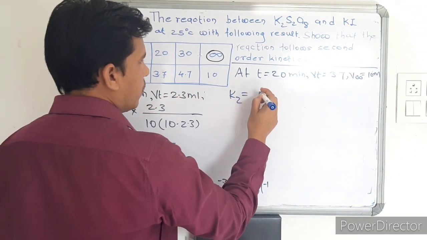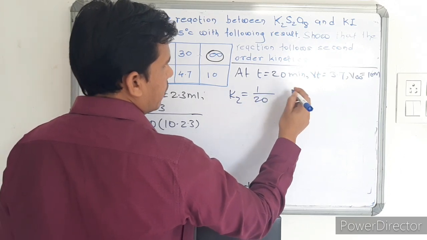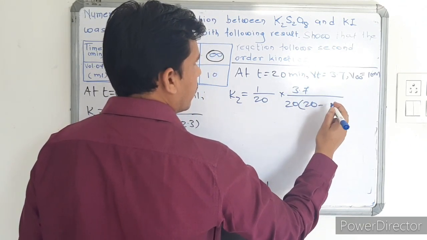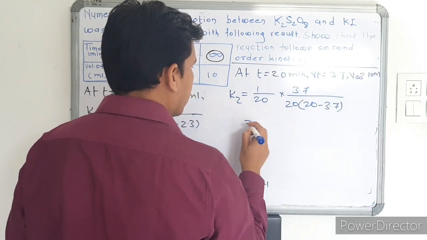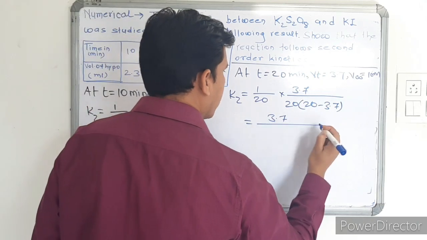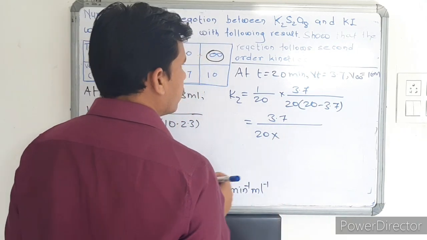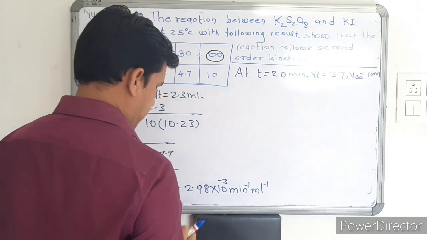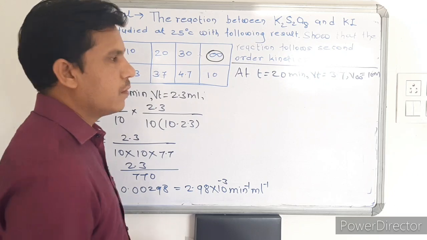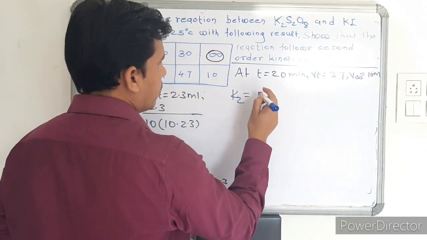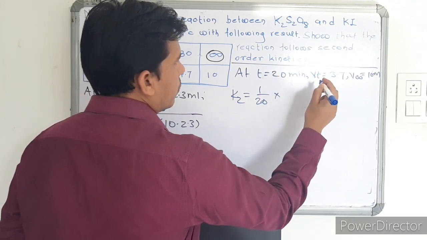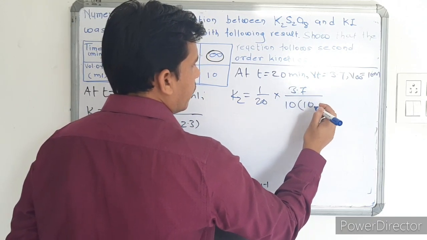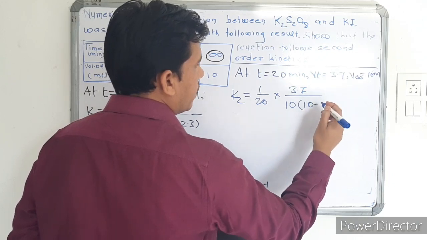So the rate constant K2 is equal to 1 upon 20 into Vt 3.7 upon V infinity 10 into V infinity minus Vt, that is 10 minus 3.7.